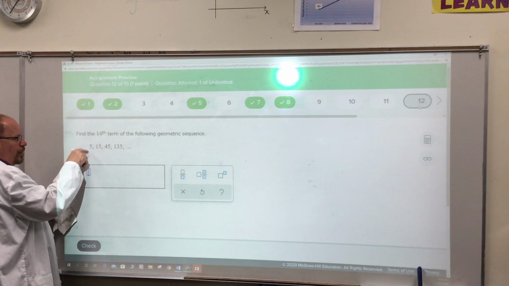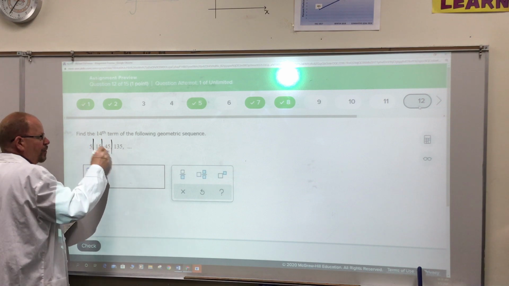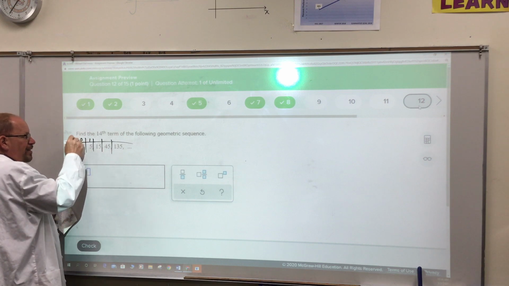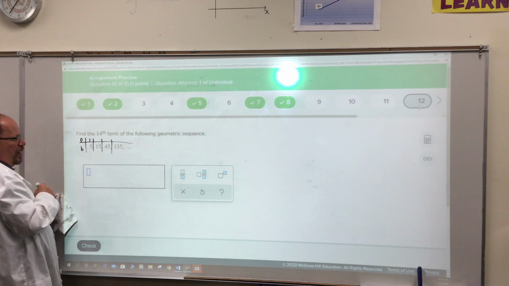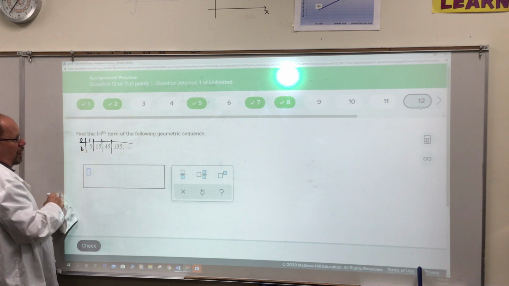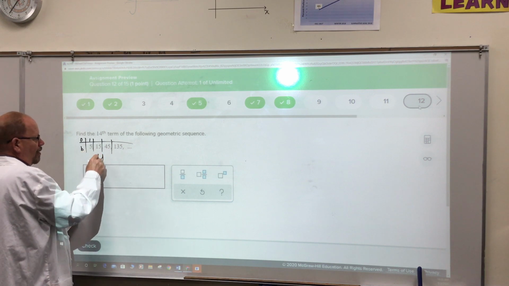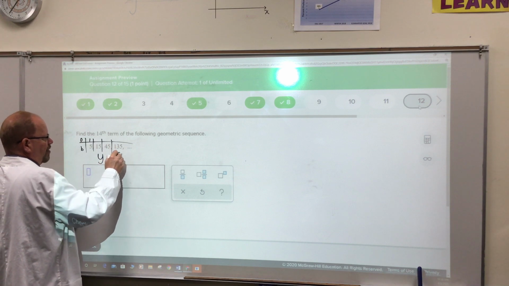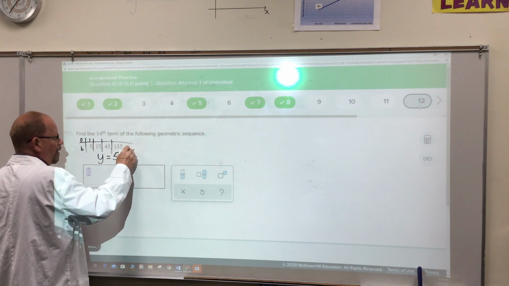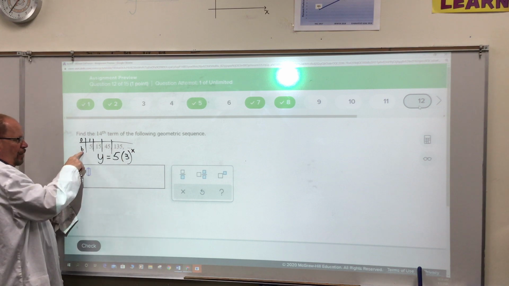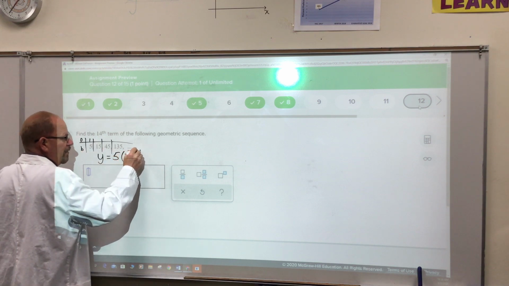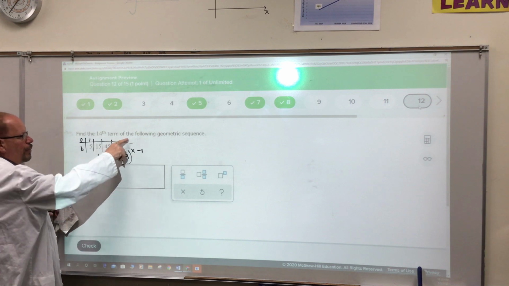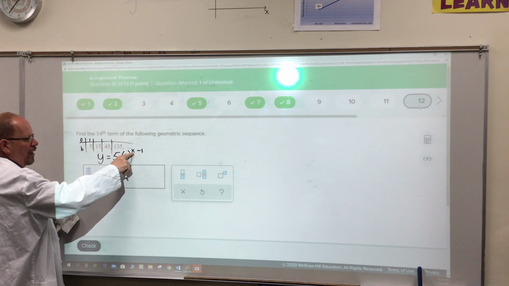What we're going to do is we're going to take this, paying attention to the fact that that's the first, not the B. It's not the beginning, it's the first one, okay? And we're gonna write our little y equals the first one times the multiplier. Not to the x, because we don't have the beginning. We have the first one, so it's to the x minus 1. And then we're going to put 14 in for x.